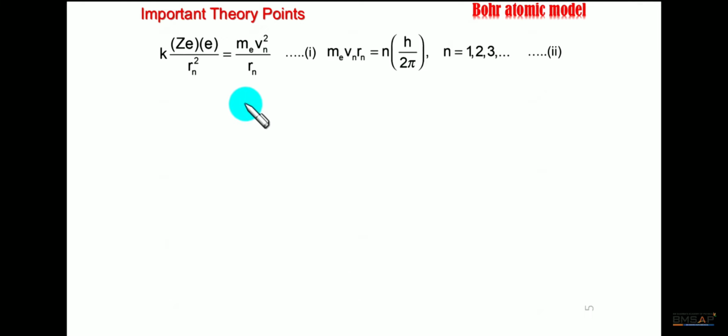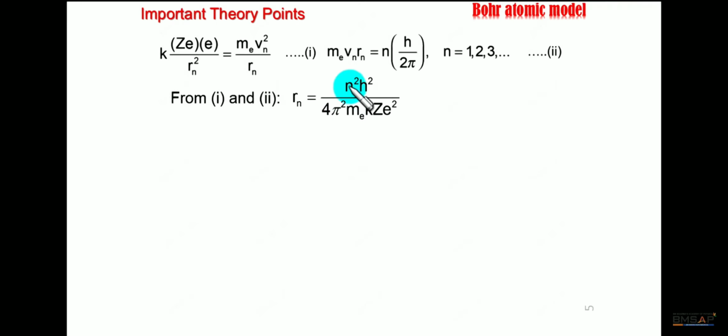From the first and second equations, if we solve them, we get Rn equal to n square h square divided by 4 pi square me k Z e square. k is the Coulomb constant, equal to 1 divided by 4 pi epsilon naught, Z is the atomic number, and e is the charge of the electron. Here h is the Planck constant, 4 pi square is a constant value, me is constant, k is constant, and e is constant.